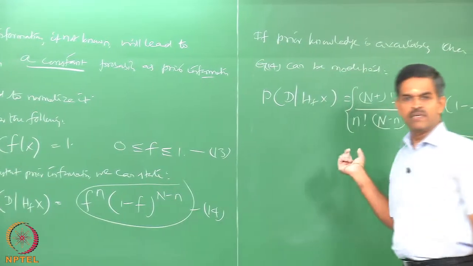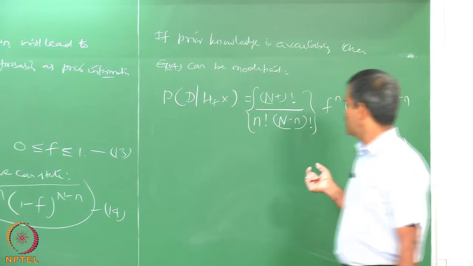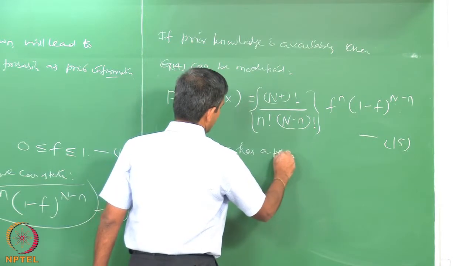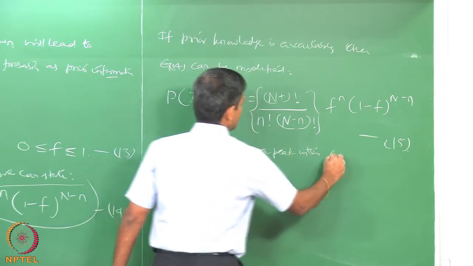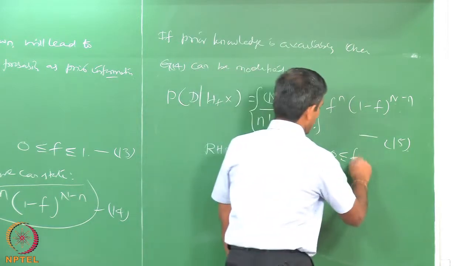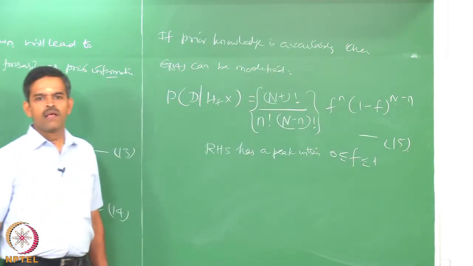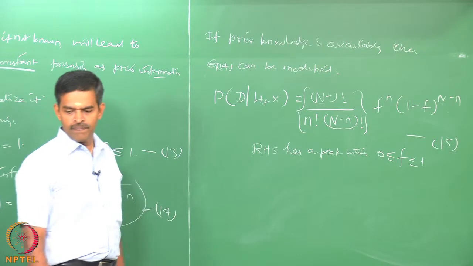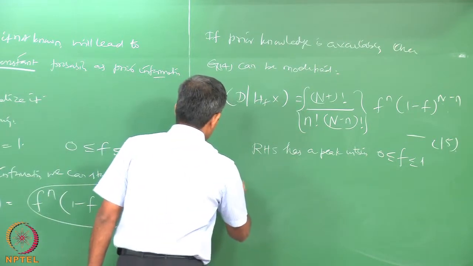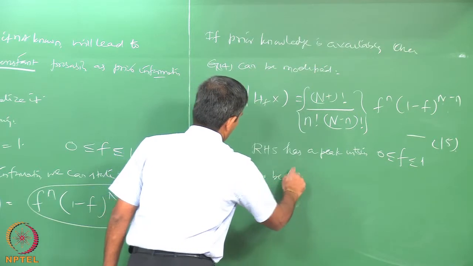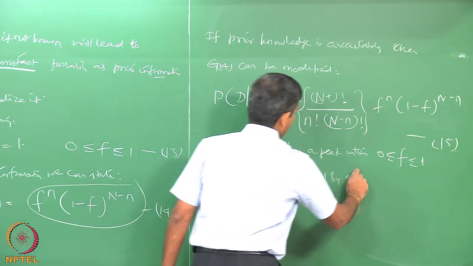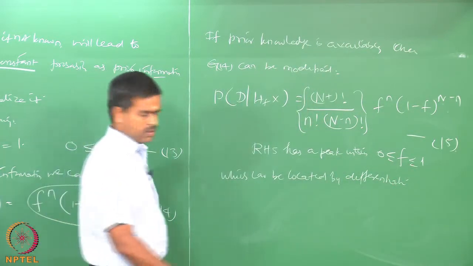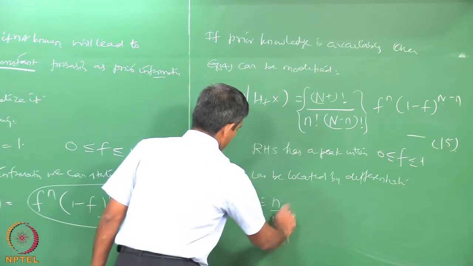The right hand side of this equation has a peak within 0 less than f less than 1. This can be located by differentiation, that is f dash n.